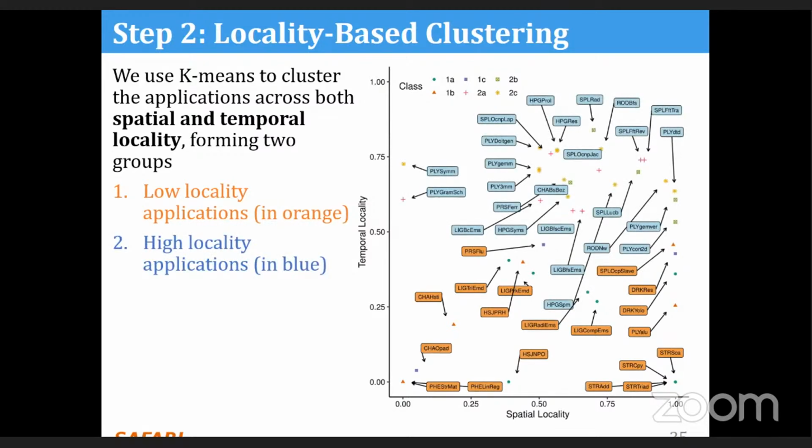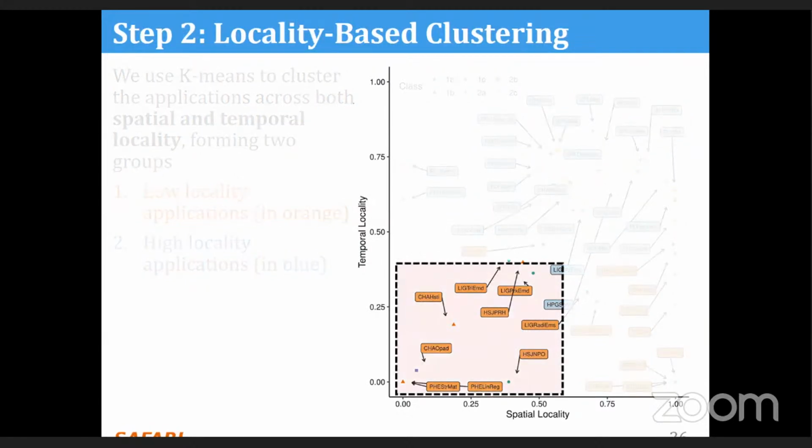And this way we see that those bluish ones are high temporal locality, these ones are low temporal locality, and here on this side, low spatial locality, high spatial locality, as you can see.